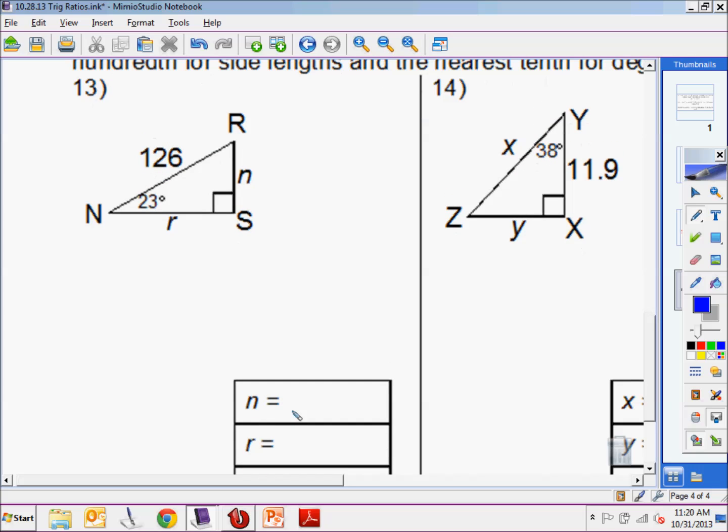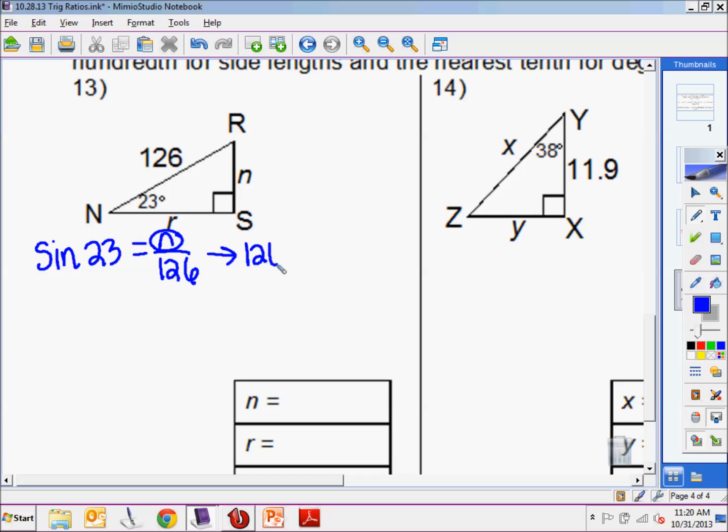How will I go about solving for side n? It will be opposite over hypotenuse. So what would this be? Sine. So the sine of theta, 23. We're going to just go straight to it. We don't need to substitute things in at this point. We can just say sine of 23 is n over 126. My variable's in the numerator, so I'm going to multiply.